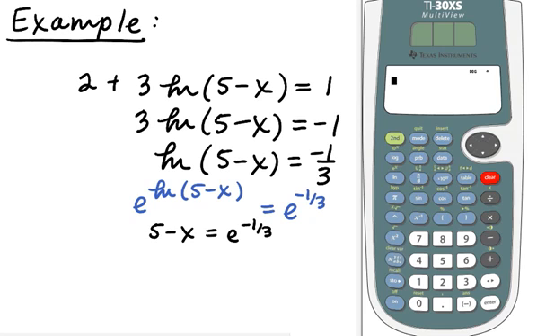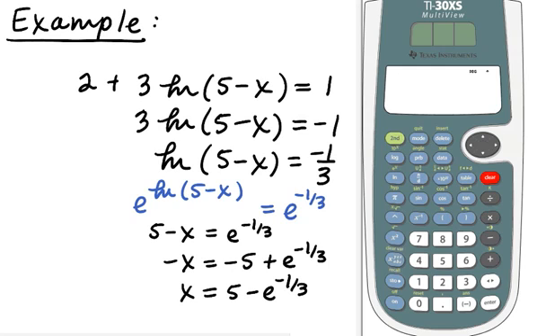And now I'm going to subtract 5 from both sides. x equals maybe -5 plus e to the -1/3. And then I need to divide by -1 or multiply both sides by -1, however you want to say it. And so x would be, I'm going to need to switch the signs of both of these things because I distribute the negative to both terms. It's going to be 5 minus e to the -1/3. This is an exact solution.